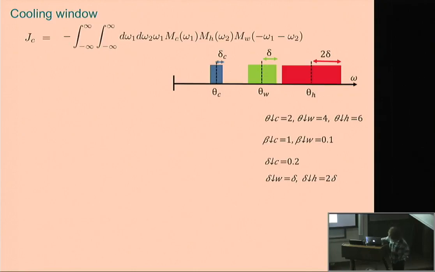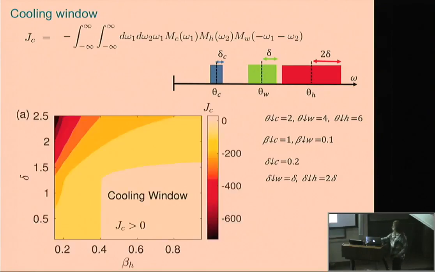And again, sorry, all the notation is confused. This is the expression now. We just do numerical simulations, and we can again realize a nice cooling window as a function of the temperature of the hot reservoir and delta, which is the width here. It was a certain choice; you can play with other choices for the spectral functions of the bath.